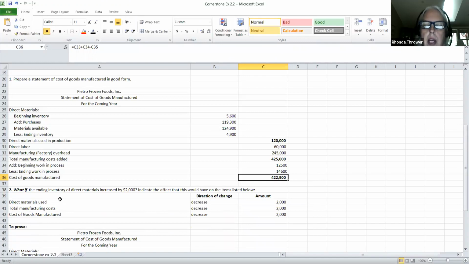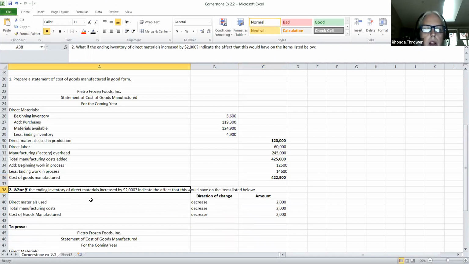In cost accounting, they always like to add a what if analysis to your problem just to make sure you understand fully all of the concepts of the problem. And in this what if analysis, they're asking you, what if the ending inventory increased by $2,000?